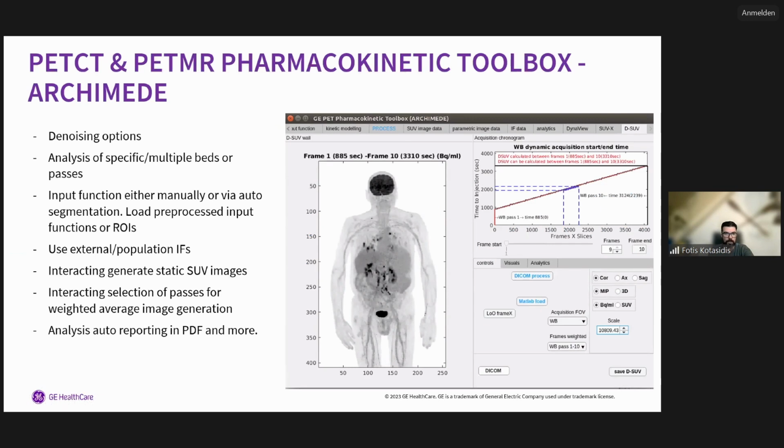You have different options for the input function, whether you want to manually segment it or automatically segment it. You can use population input functions. You can do relative Patlak analysis or absolute Patlak analysis. Generate your static SUV image from a weighted average of your dynamic frames, and pretty much all the things you can do also on the clinical application.